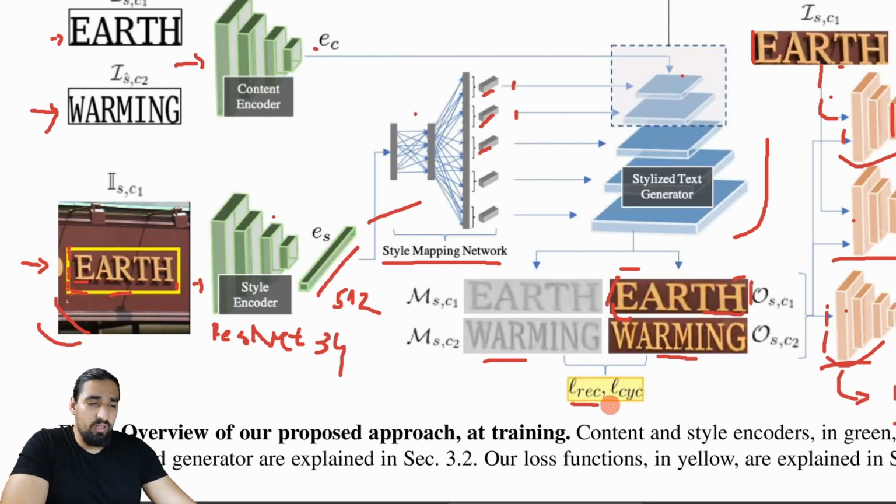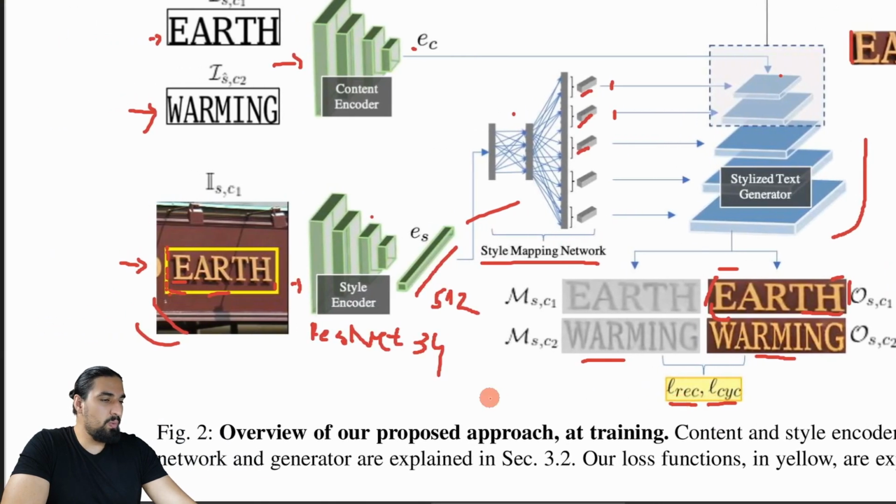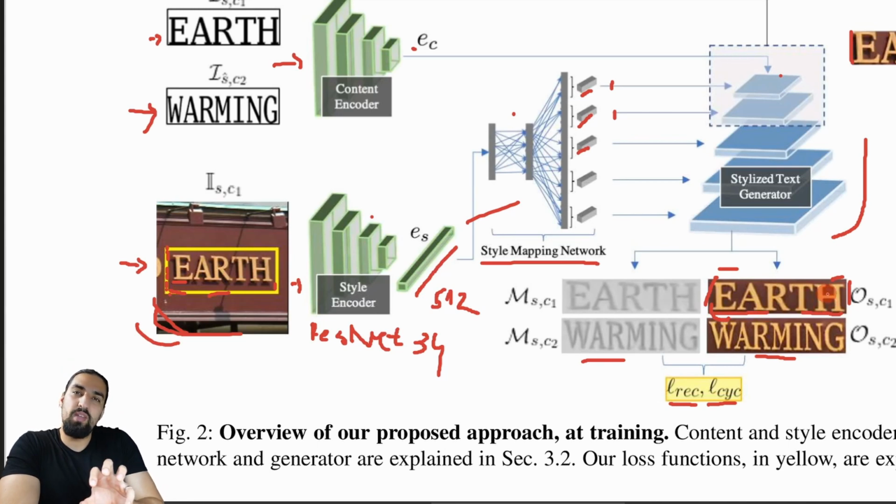The second part is the cyclic consistency loss from the CycleGAN paper, and this is a bit more complicated to explain. But what they do is the following: they take this image and generate the output image. So this is Earth. Now they take this generated image and blend it back into this original image, because they have the bounding box, so they blend it in here.